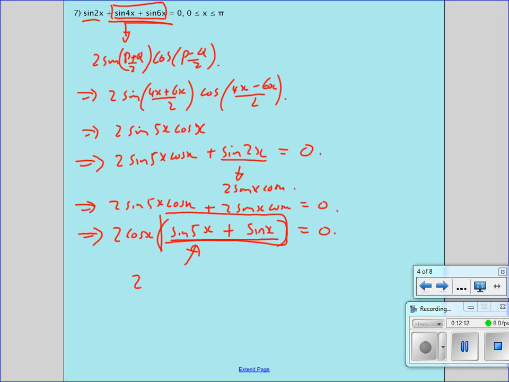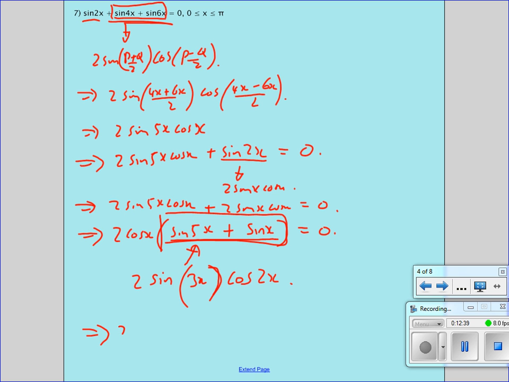So this thing is 2 sine 5x plus x divided by 2, because remember it's p plus q over 2, will give me sine 3x times cos 5x minus x, so 5x minus x is 4x divided by 2 is cos 2x.